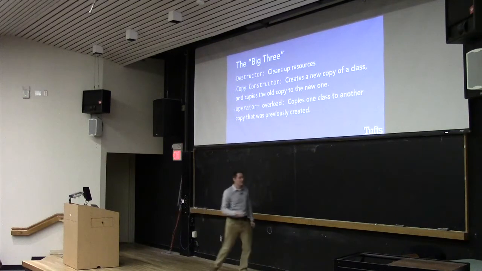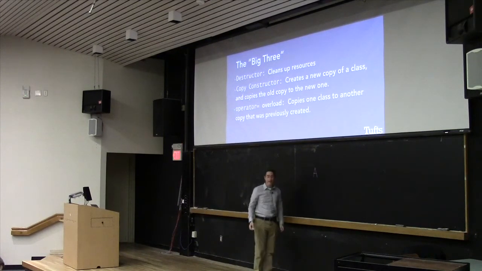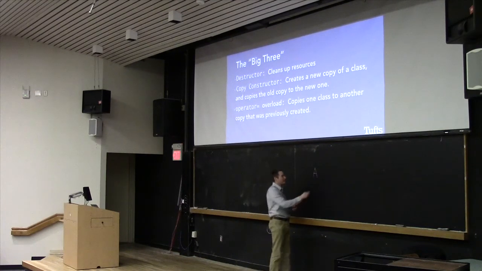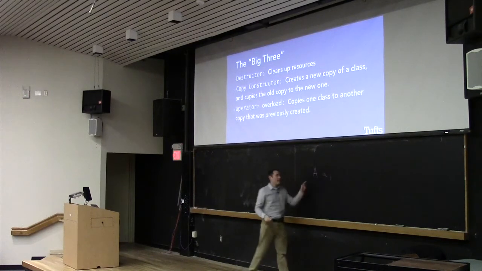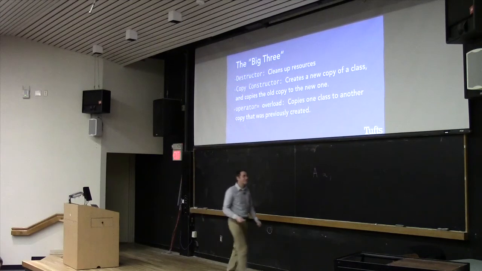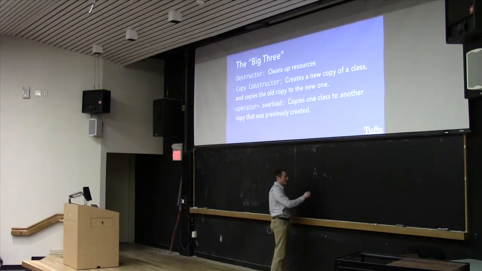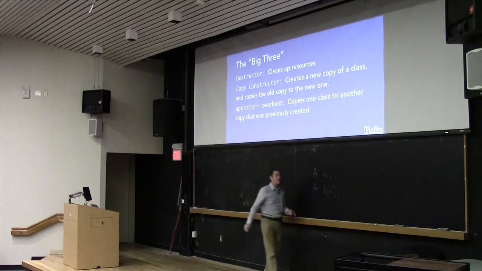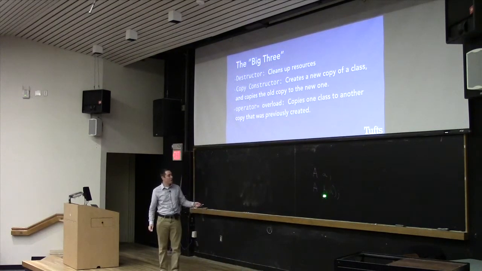The copy constructor is an interesting one. If you have a class A, and you do something like this, A a, that will give you lowercase a, an instance of class uppercase A. You can also do the following: A b equals a, some other instance of the class A. What this will do is basically say, create a new instance of the class and make it equal to the one that we've already got.